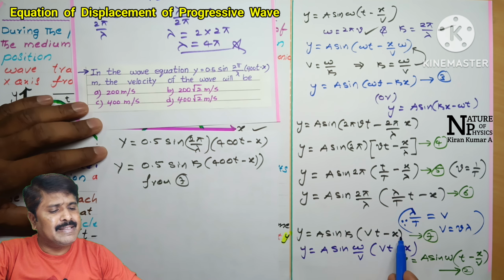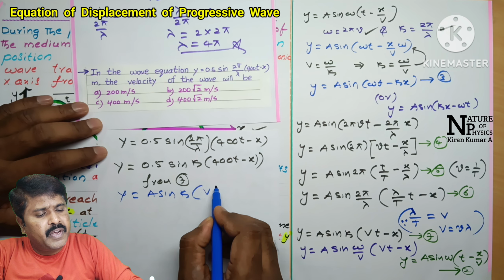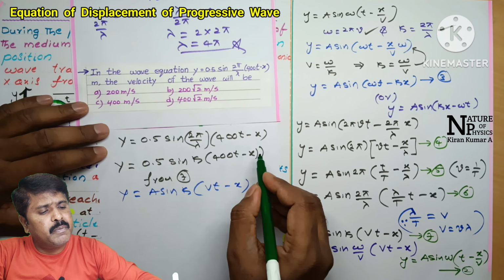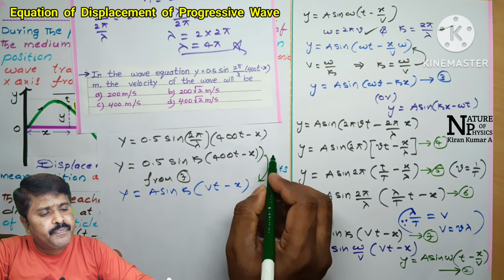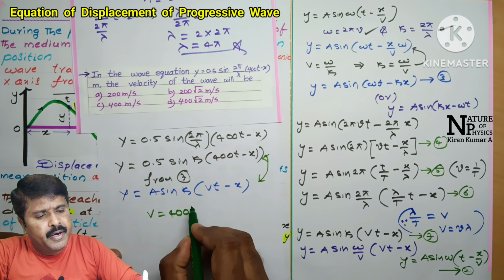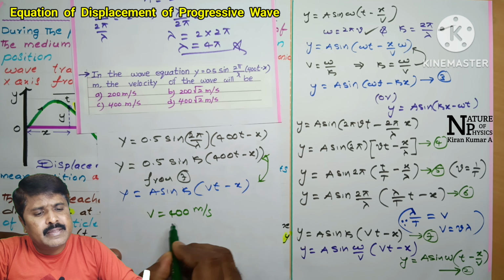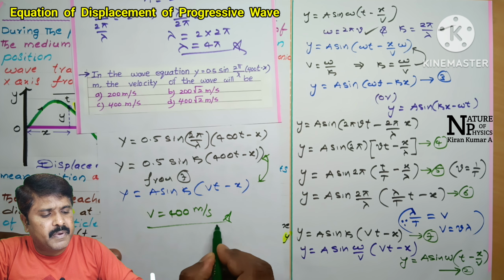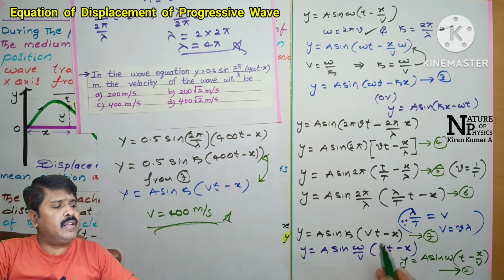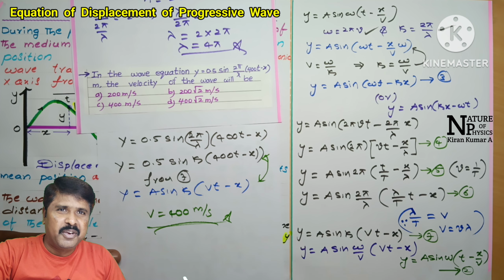Comparing both equations, we simply get velocity v equal to 400 meter per second. This is the answer for the given question, clearly based on the concept we are doing the numericals.